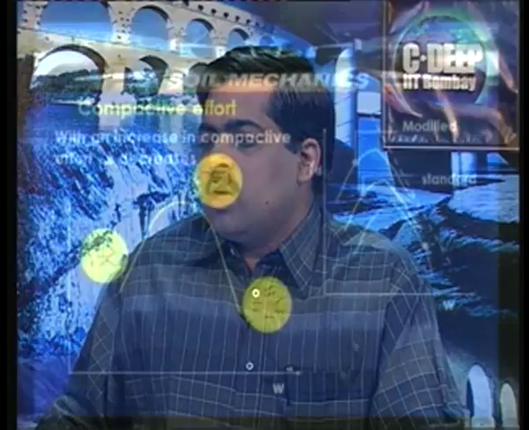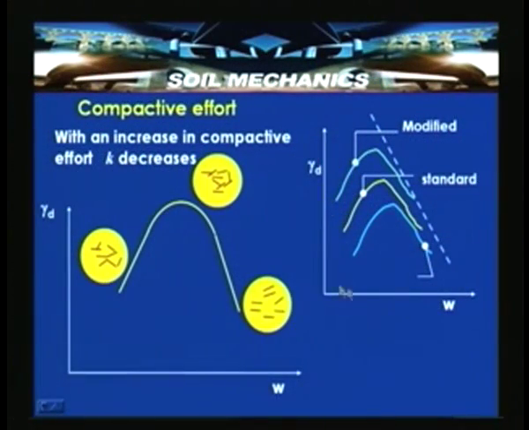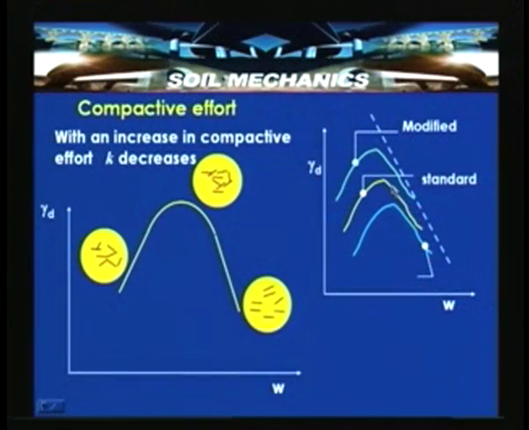If you recall, the variation of gamma d versus water content can be obtained like this. This is for reduced compaction, this is for standard Proctor compaction, and this is for modified Proctor compaction. With an increase in compaction energy, there will be a decrease in the optimum moisture content and an increase in the dry unit weight, and this line is the zero air voids line. For a particular standard Proctor compaction, the structure can be flocculent here and dispersed here.